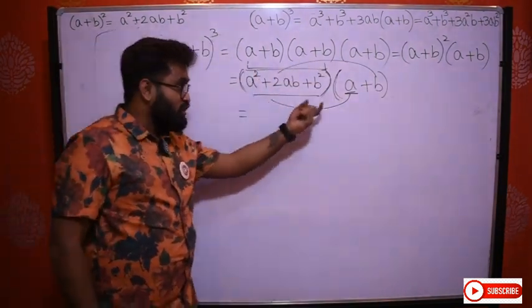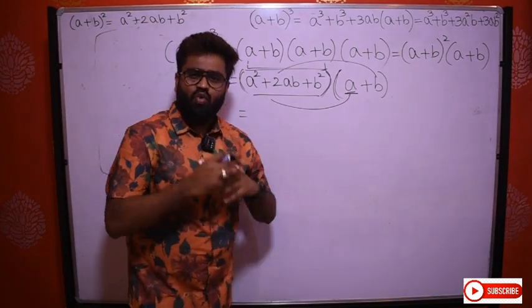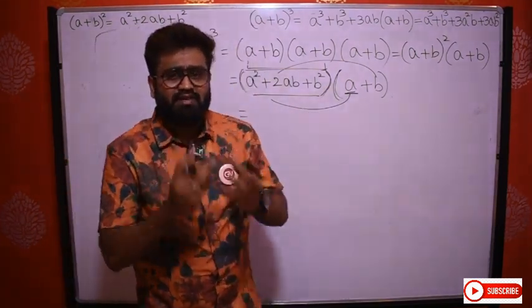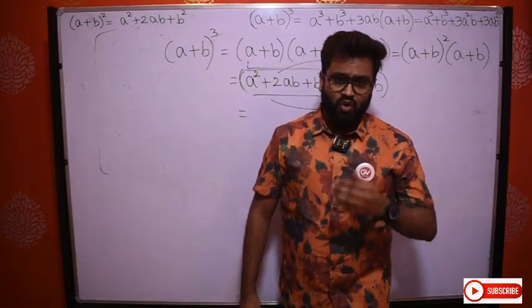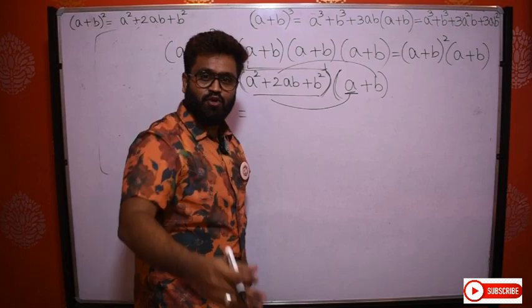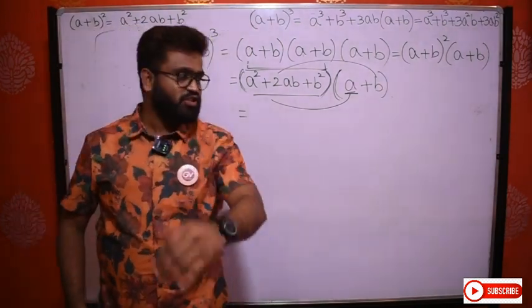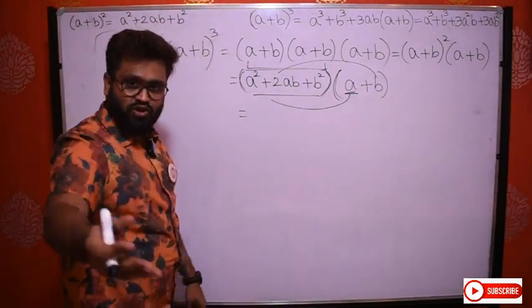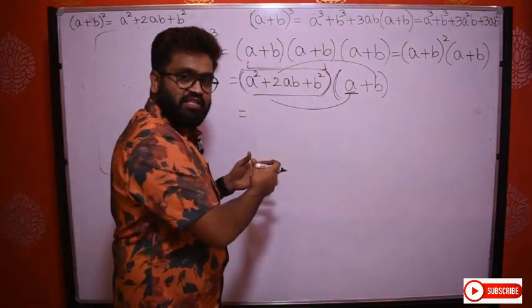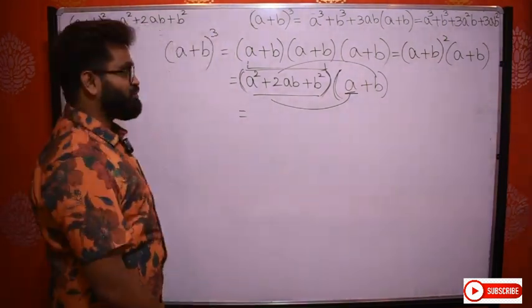Sir, how will I multiply? I don't know the basics of multiplication of variables. You want to know the basic multiplication? Just comment, and I will explain all the basic terms in the next video. If you have any doubts on identities, or you want the explanation of the basic multiplication rule, comment. I will explain.